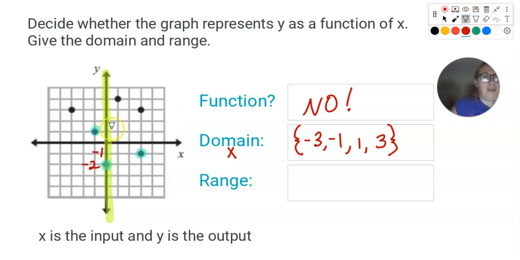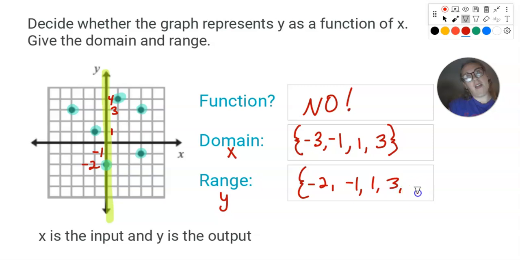This next point has a y value of 1. Both of these points have a y value of 3. And finally, our highest point has a y value of 4. So our range, or our y values, is -2, -1, 1, 3, and 4.